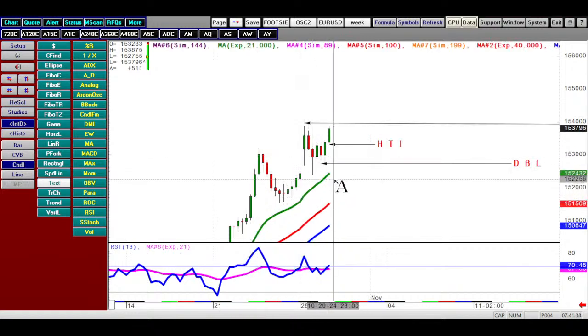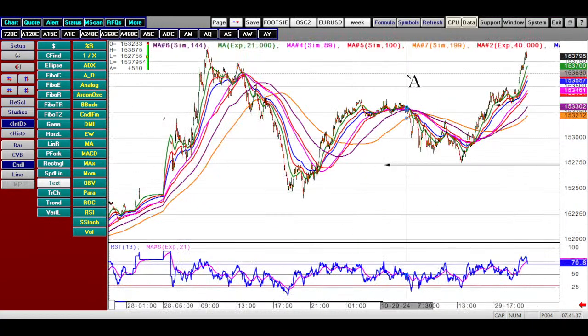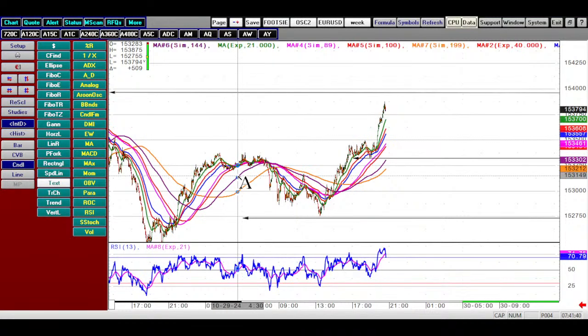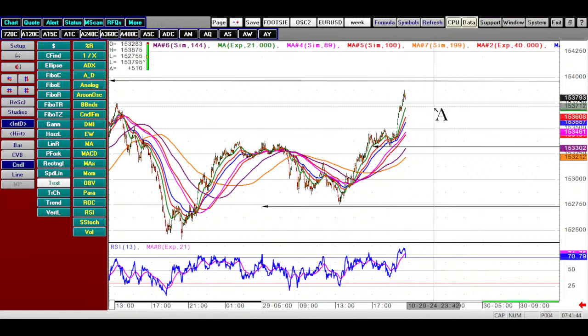So now when we plot this into your chart, at least you should see where your entry, resistance and your target are.